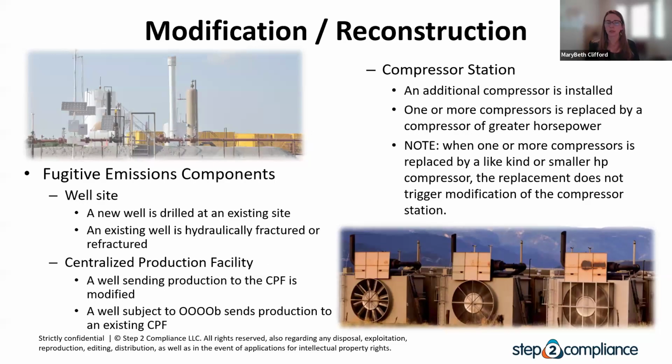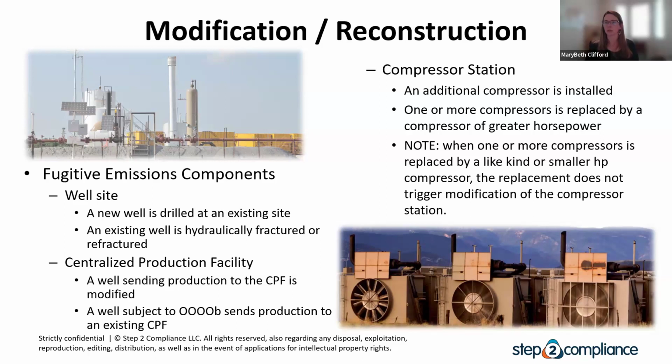The interesting one is with compressor stations. If you swap a compressor with a like kind that is the same or smaller horsepower, you're not increasing the horsepower at that compressor station. That compressor will be Quad OB applicable because it was set after December 6th, 2022, but it does not make the entire compressor station Quad OB applicable.